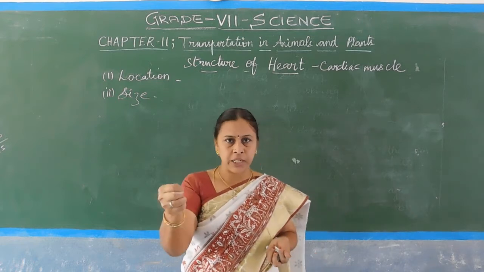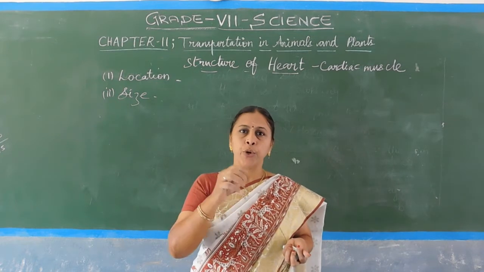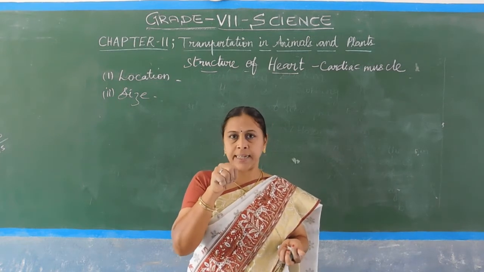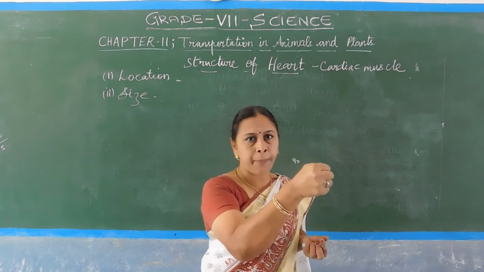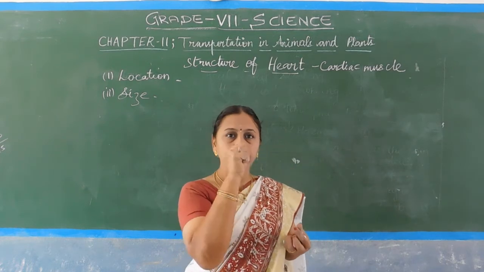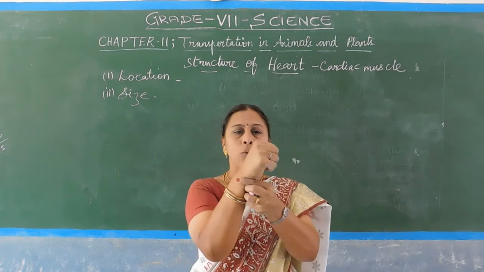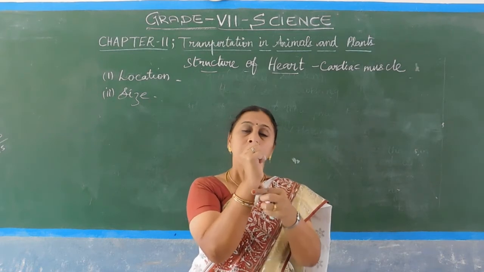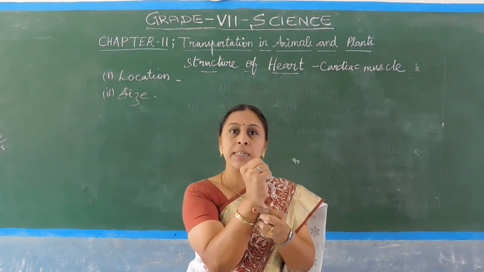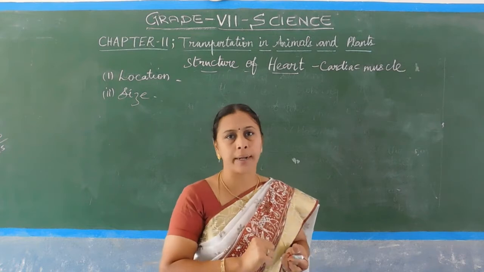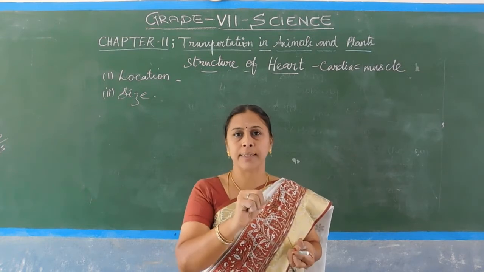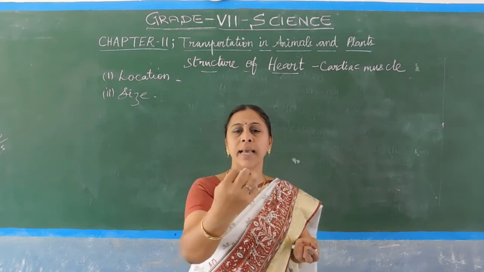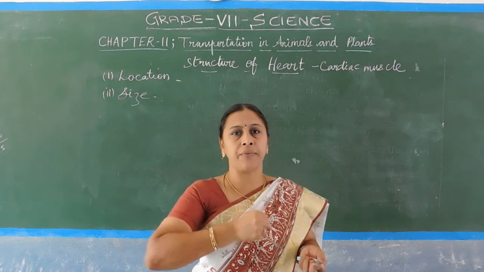You will fold your fingers like this and give a punch. So after folding up to the wrist, whatever the size of your fist is, that will be the size of your heart. For everyone, the size of their fist is the size of their heart.